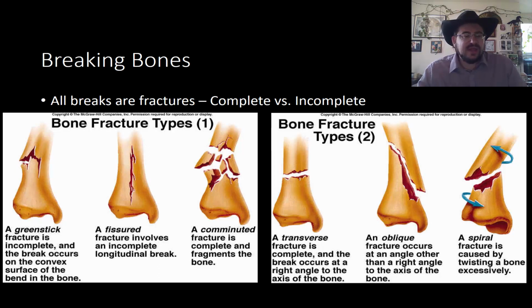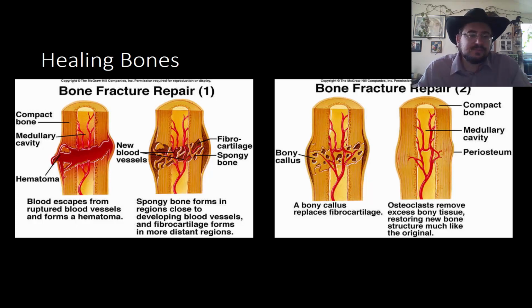A fracture that's perpendicular to the bone, or at a right angle to the bone, but doesn't go all the way through: greenstick. A perpendicular fracture that goes all the way through but with no fragments: transverse. A diagonal fracture: oblique. A fracture from excessive twisting: spiral. So those are the keys there.